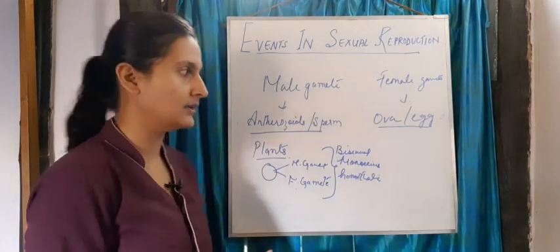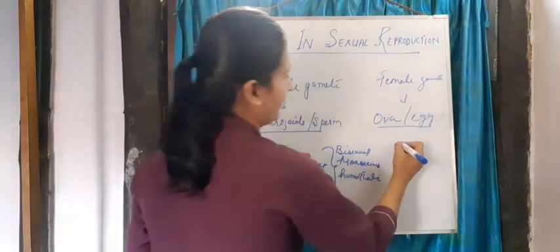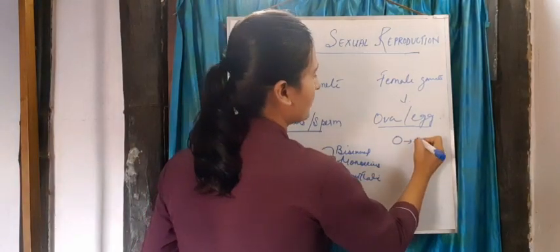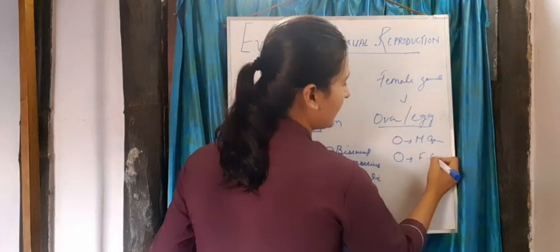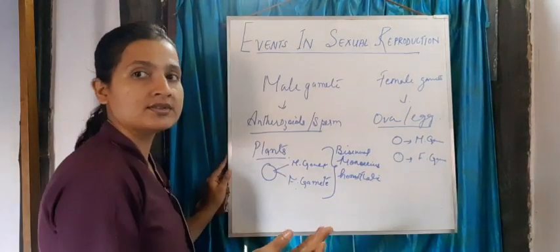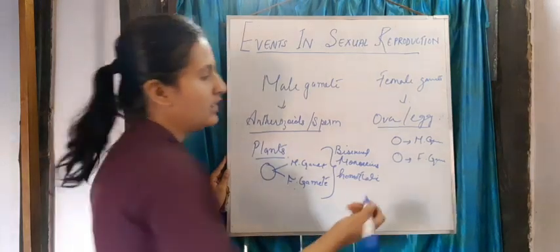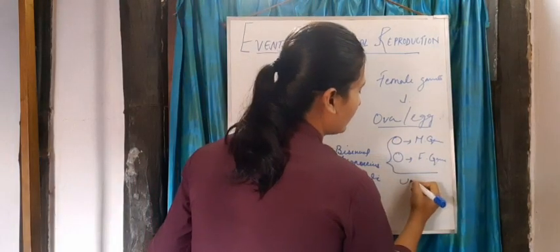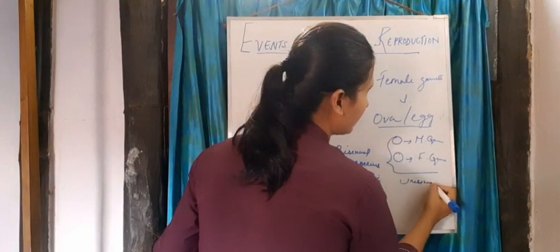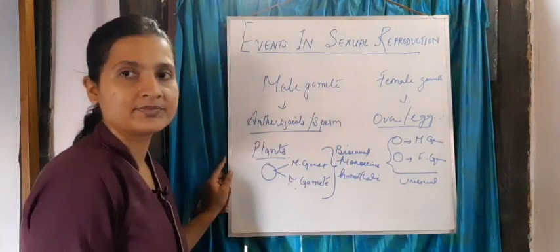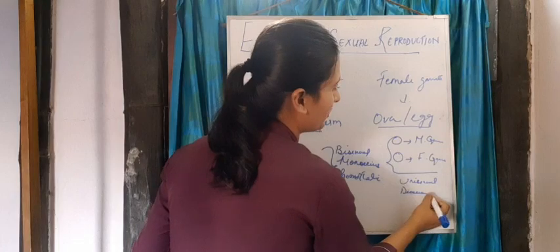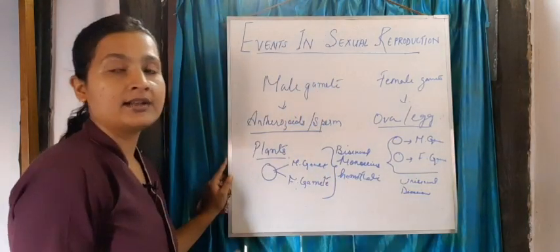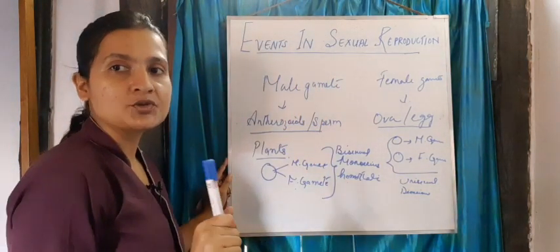That's why bisexual. Now, if in a plant one organism possesses only male gamete and another organism possesses female gamete, it means two different organisms are possessing two different gametes, right? So they are called unisexual plants. Am I clear? And they are also called dioecious. I hope you remember this. I taught you when I was teaching the asexual type of reproduction.